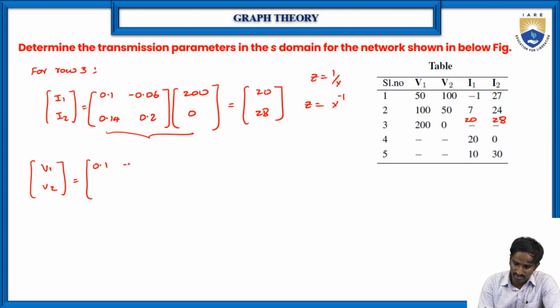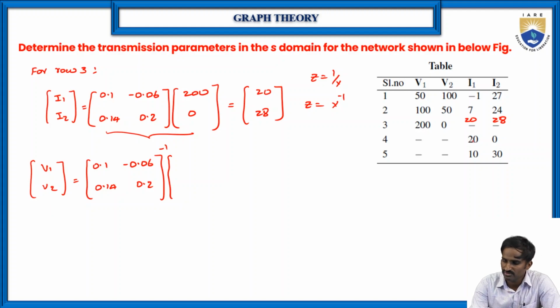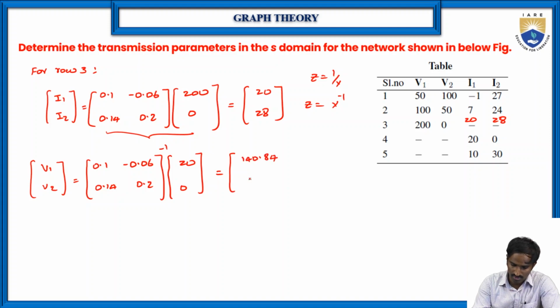So 0.1 and minus 0.06, 0.14 and 0.2, this is the inverse, into here I1, I2 are 20 and 0. If you multiply these two matrices, then you will get the values of V1, V2. So here the values of V1, V2 are 140.84 and minus 98.59.